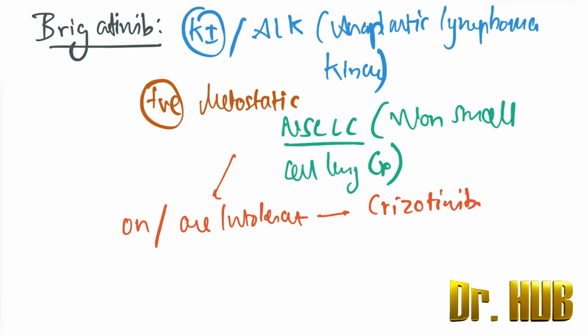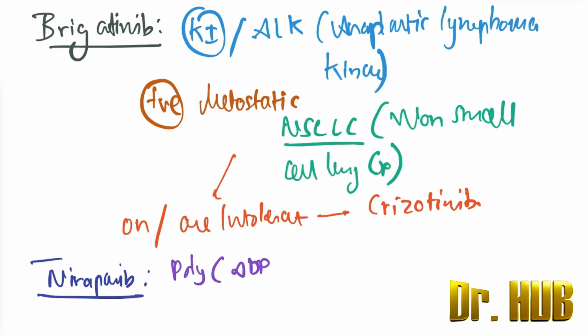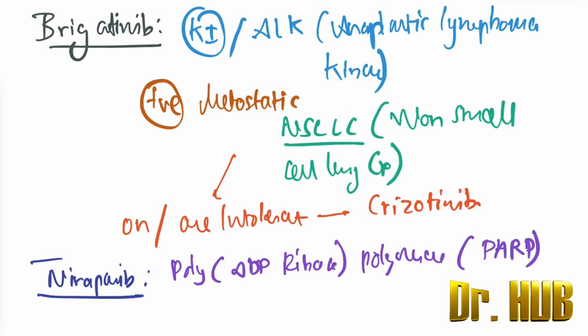Next we will look at niraparib. Niraparib is a poly ADP ribose polymerase, that's PARP, inhibitor.